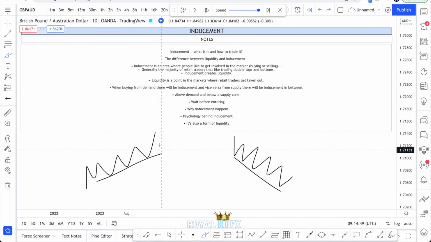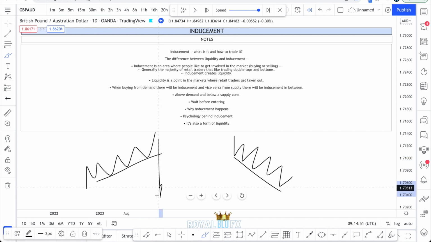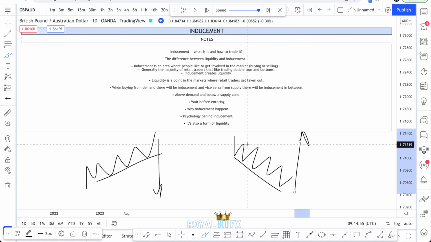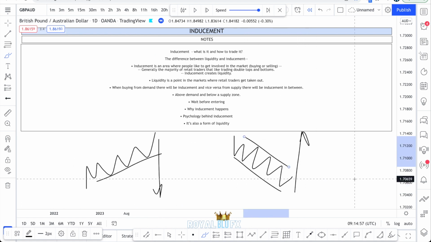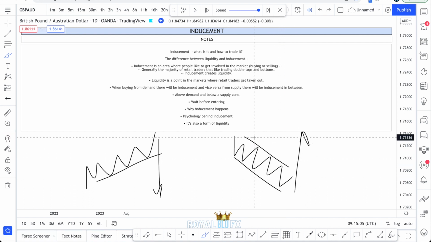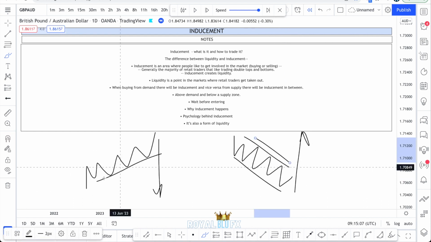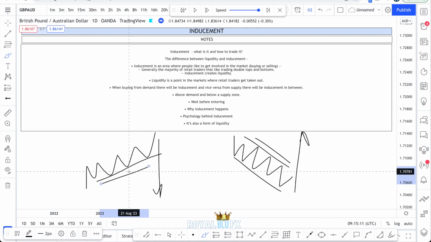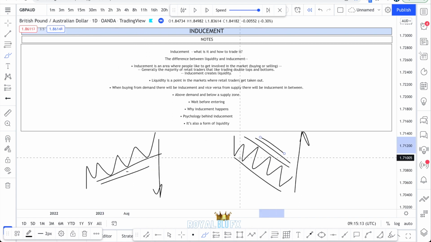This would be a downtrend, and then this would probably be an uptrend going this way, taking out everyone from this side. So liquidity, again, is a point where all the retailers get taken out. That's the action part. Liquidity is just orders where people have set their stop losses below and stop losses above, where people are selling, selling, selling.